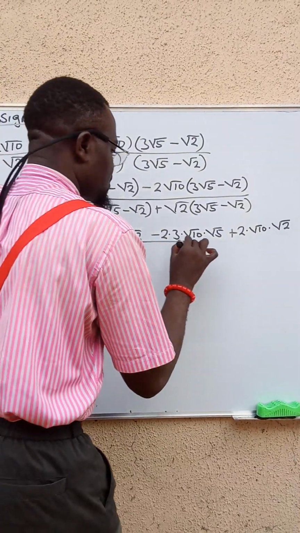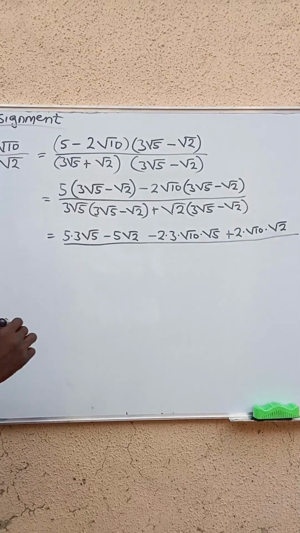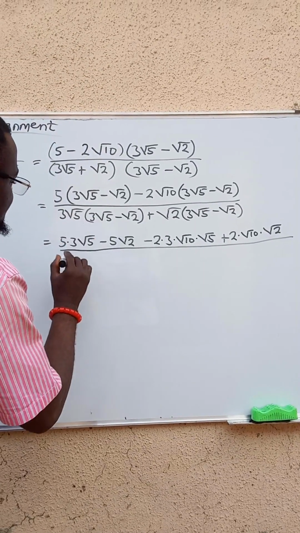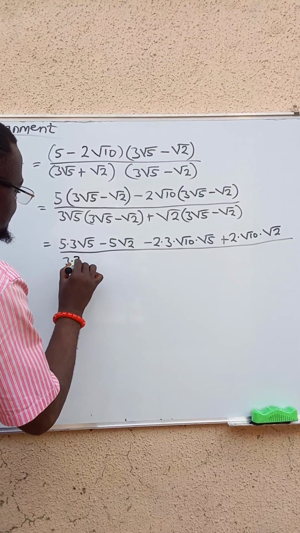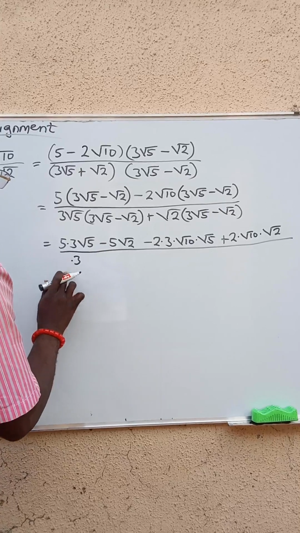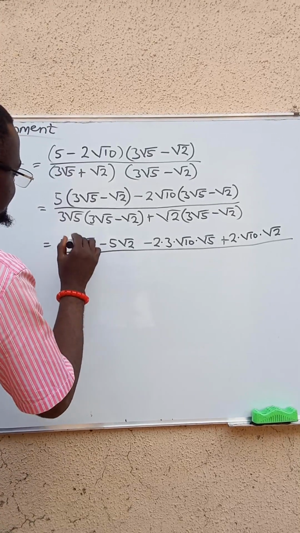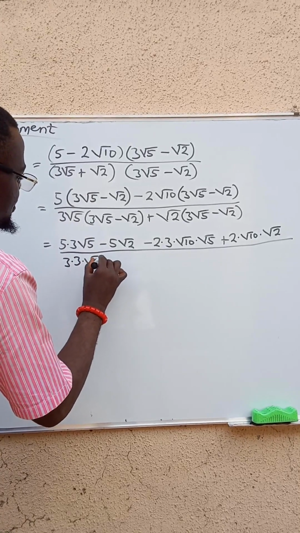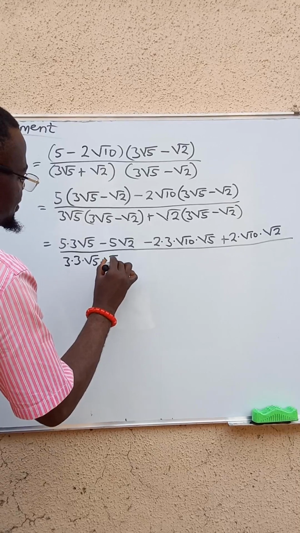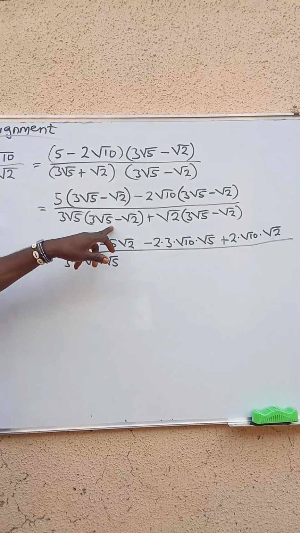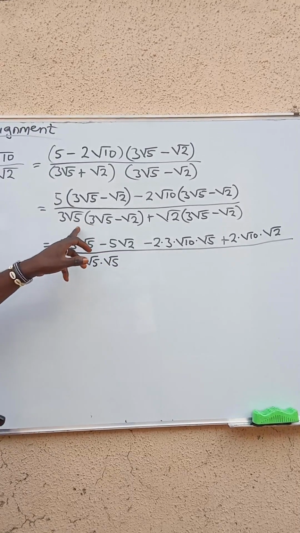Now, you draw your line. The same thing will happen here. I have this 3 dot 3. I'm writing the 3 very well. 3 dot 3 dot root 5 dot root 5. That is the same thing I told you. When you are having things in this way, you first bring out the coefficient of the roots.